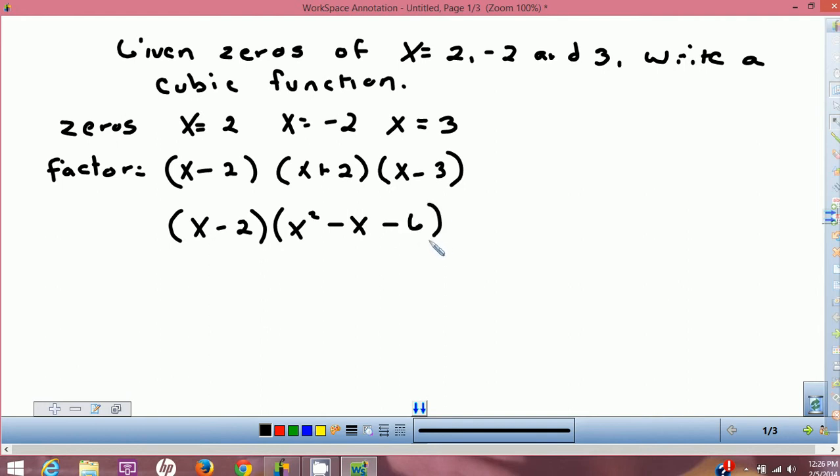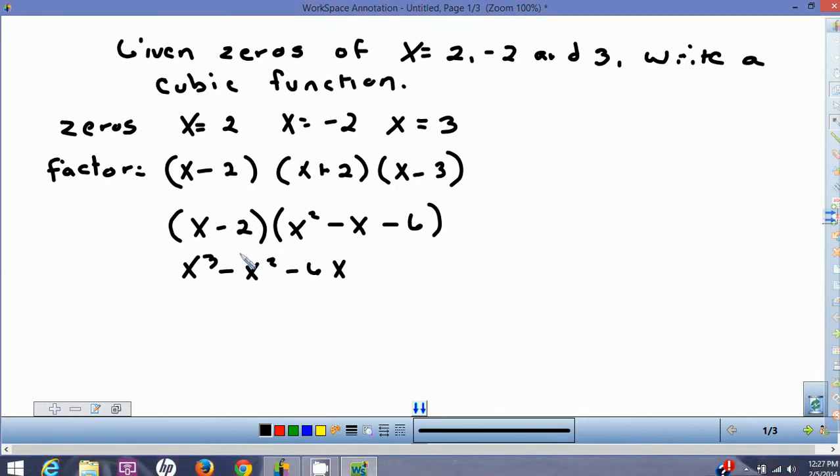I then need, in order to get this in standard form, to multiply this binomial by this trinomial. So multiply x by everything in the second set of parentheses, and I get x cubed minus x squared minus 6x. X times x squared, x times negative x, x times negative 6.